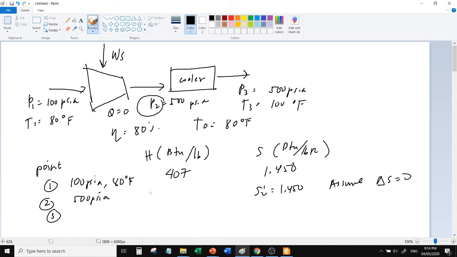Therefore, by interpolation, you can get H2 prime using the table. Okay? Then, point 3, the next point, 100 psia. So, just use the table.